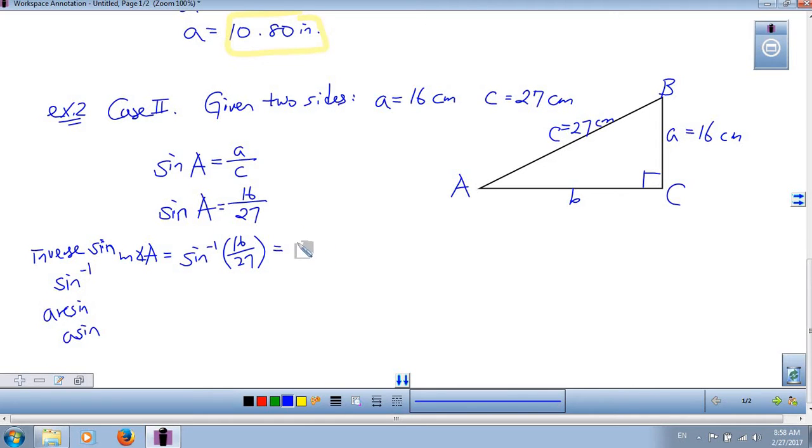Alright, so after I type it in the calculator, I got 36.3 degrees. I'm going to round it to the tenth. So angle A should be 36.3 degrees. Now after I get that, I can go ahead and determine the measurement of angle B, because I know the two acute angles are complementary. So if angle A is 36.3, then angle B is 90 minus that.